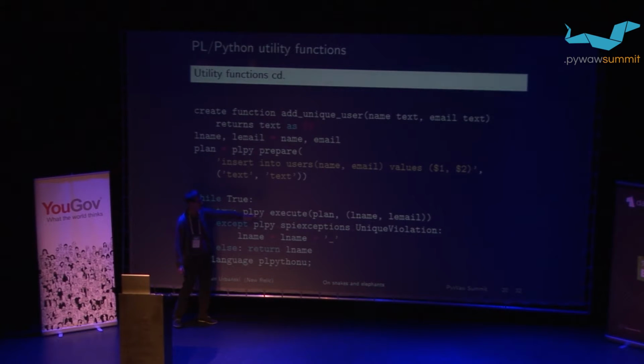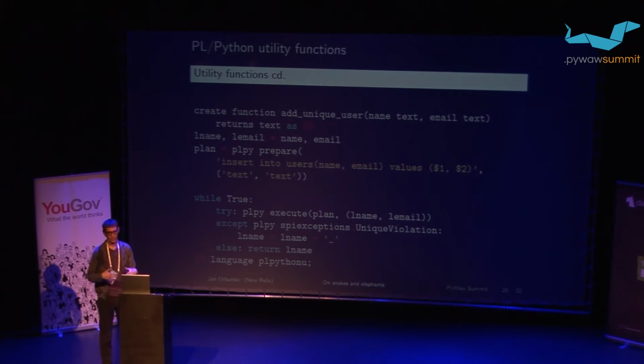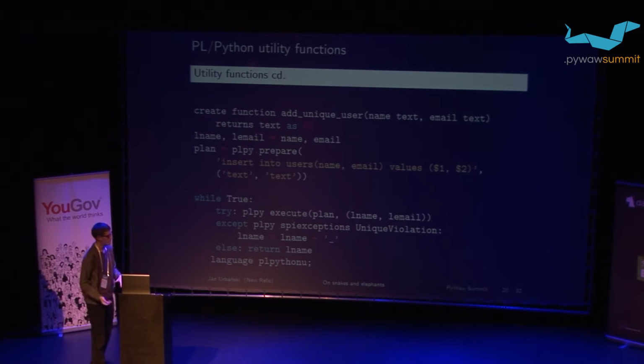If I get a unique violation, here you can see I have a special exception provided by PL/Python called unique violation, I append an underscore to the name, and then I try again. And once I'm able to actually insert the user, I return the name that it generated. So this will make sure the user got inserted and tell you what username it ended up having.